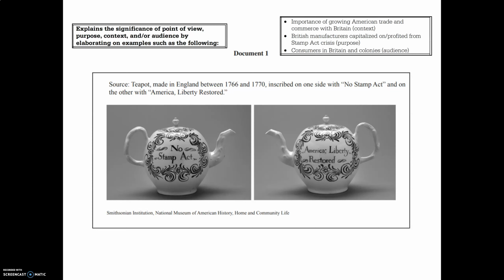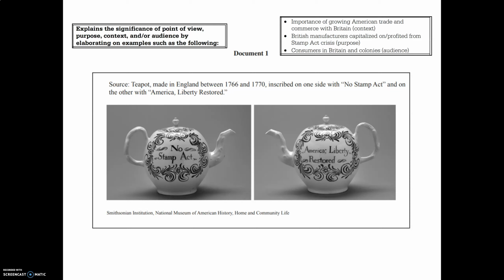Let's look at it. From the College Board perspective, again, this is with elaborating. That's the key. With elaboration, you could use any of these 3 here at the top. For context, you could say importance of growing American trade and commerce with Britain. For purpose, you could tell us that British manufacturers capitalized on and profited from the Stamp Act crisis.